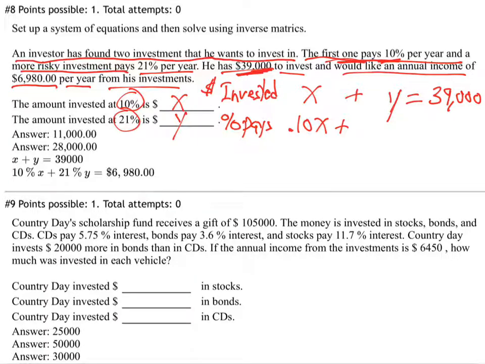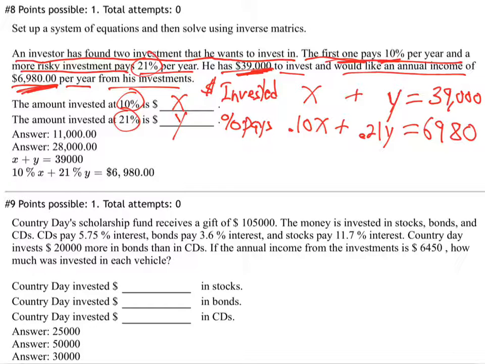Plus, the other one is 21%, so 0.21Y. However many dollars Y are invested in the second account times 21% of that amount. That's going to add up to be the income of $6,980 per year.